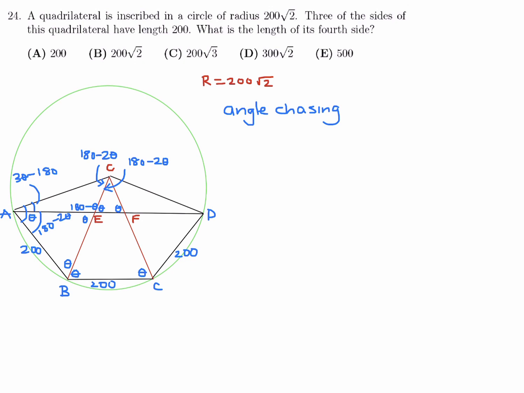So I'm sure you guys are very well versed in angle chasing. But what this does in this question is allow us to conclude that triangle ABE is similar to triangle CEF. In particular, ABE is this one right here.